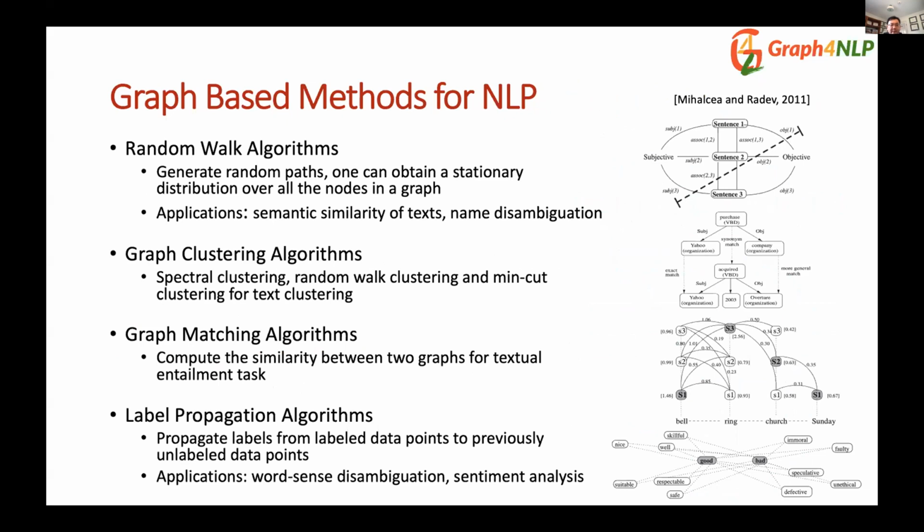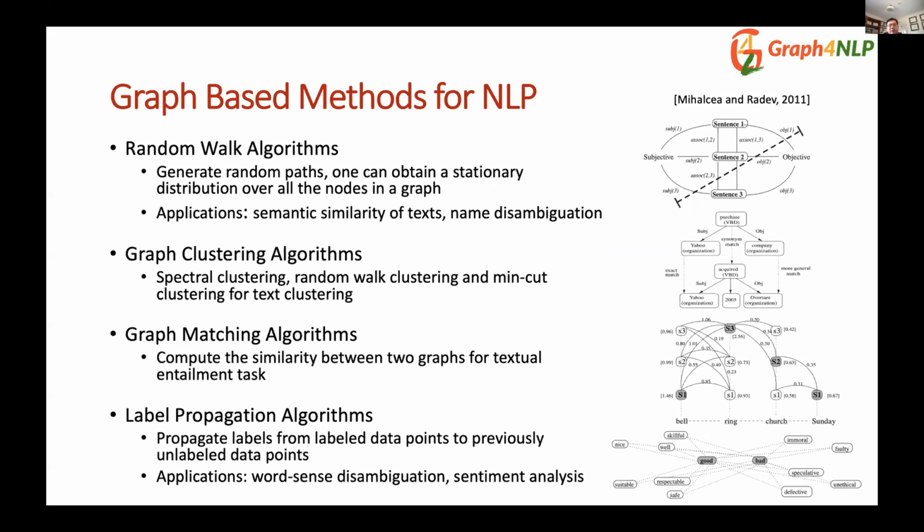Here I just give an example; I'm not going to enumerate all the methods for NLP. For example, people use the random walk algorithm to obtain the stationary distribution of all the graph nodes, and then use that vector representation to compute semantic similarity of text, or to do the name disambiguation task.